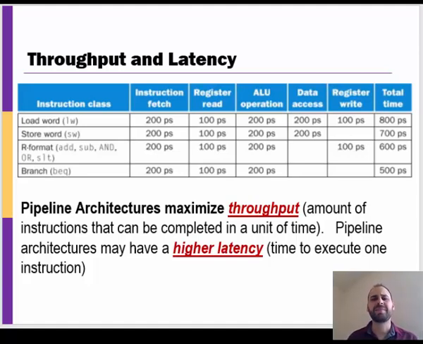What we're concerned about is maximizing the amount of work in a given period of time, so that within a given second we can do the most work possible. That's why, when we're talking about the design of these architectures, we're really concerned with throughput, not latency. That's an important thing to keep in mind.